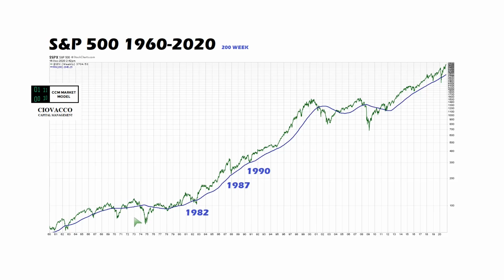Not the case here. So in the early stages of the secular trend, we drop below for a while here, but then recapture it. 1987, we go down and almost tag it, but rally. And in 1990, we do go down and tag it.